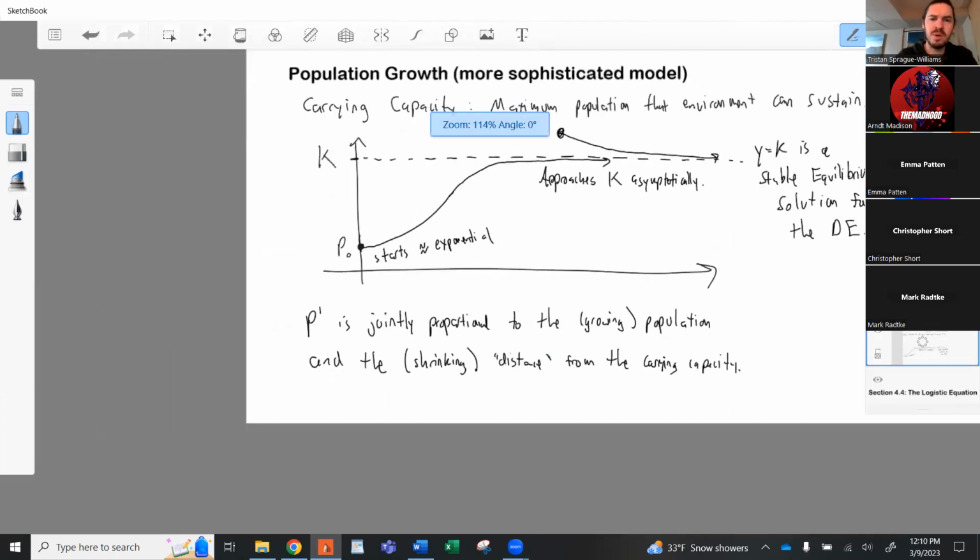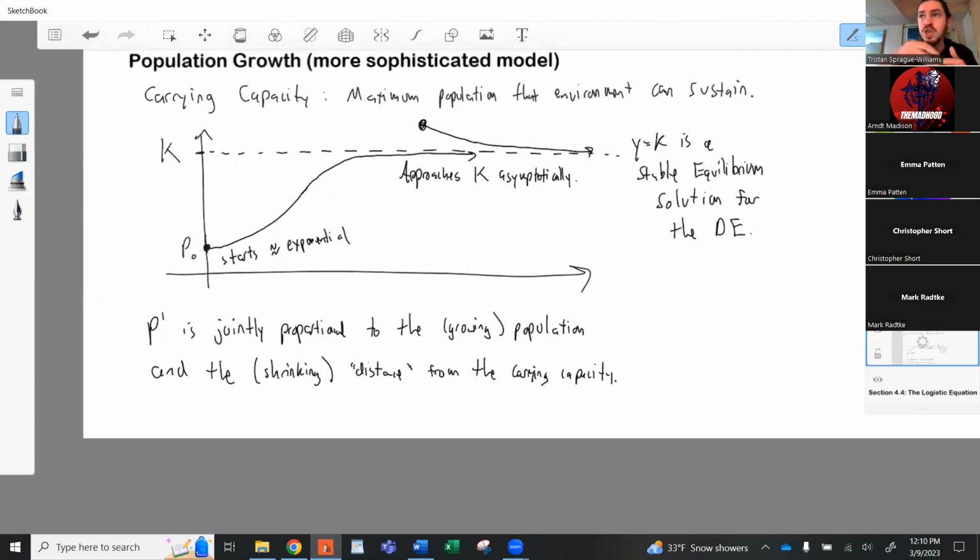So that way it's proportional to the population. As the population grows, it's going to grow faster. But as we get closer and closer to that carrying capacity, this distance away from the carrying capacity is shrinking.